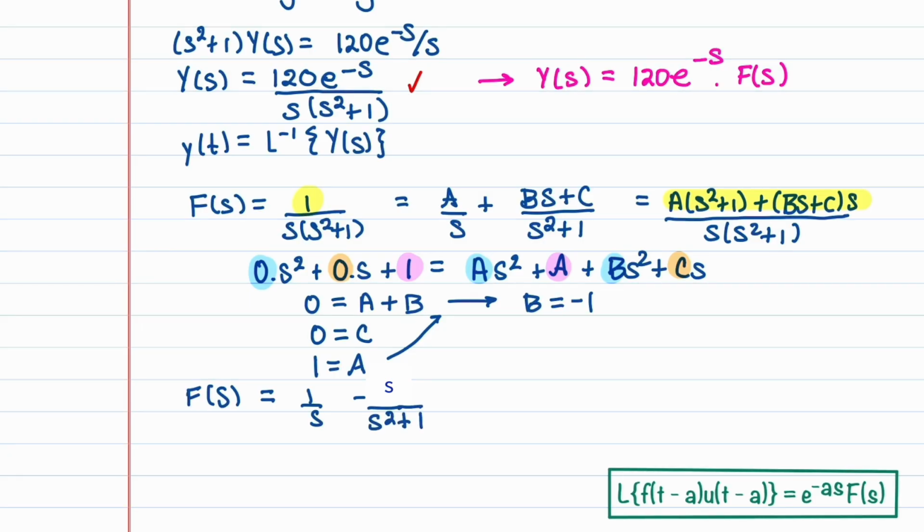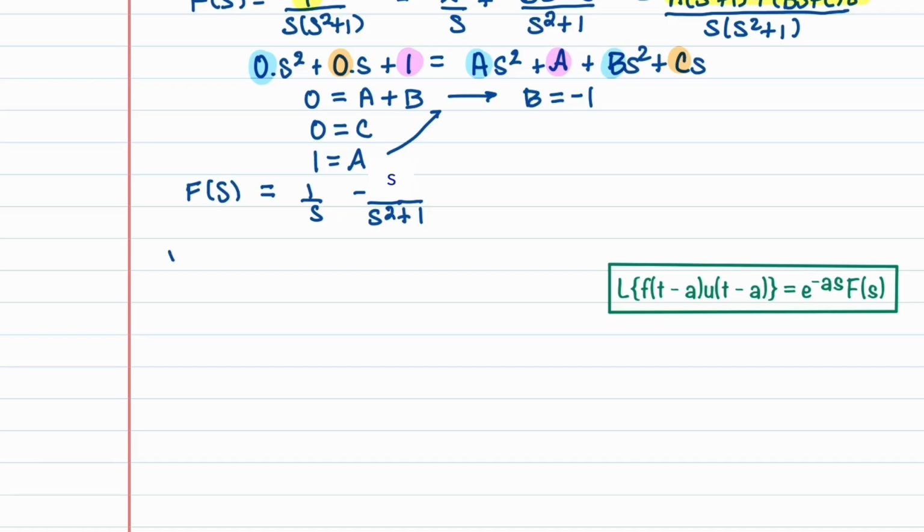Let's now rewrite our capital Y of s as 120 times e to the minus s times our capital F of s, which we just found to be 1 over s minus s all over s squared plus 1. Now we can find the inverse Laplace transform. I went ahead and wrote down the formula over here on the right.